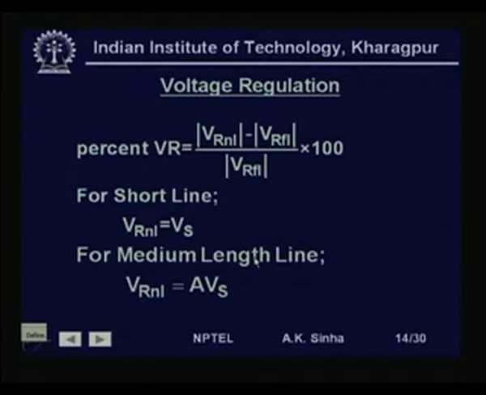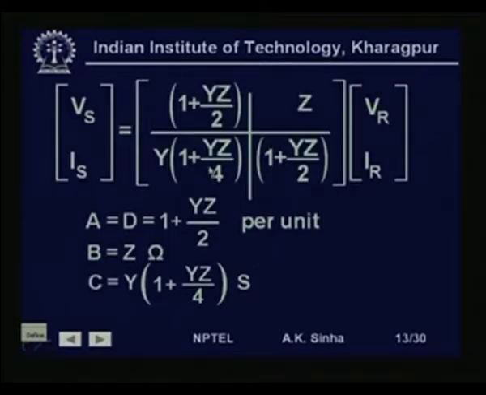For a medium length line, that is the pi model that we have used, we have seen that Vs is equal to A VR plus Z into IR. Now, if we see this, then when the IR is 0, that is at no load, we have Vs is equal to A VR plus Z into 0.